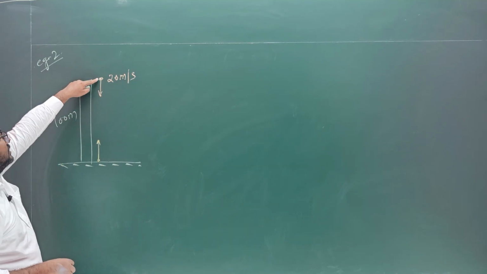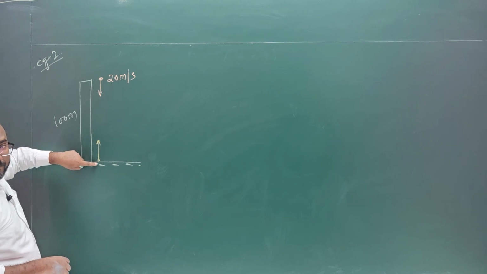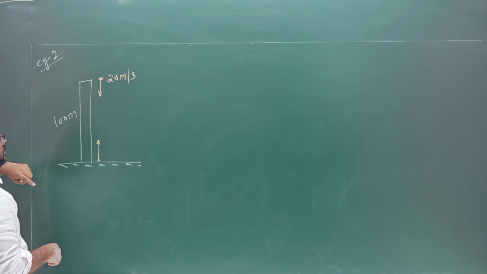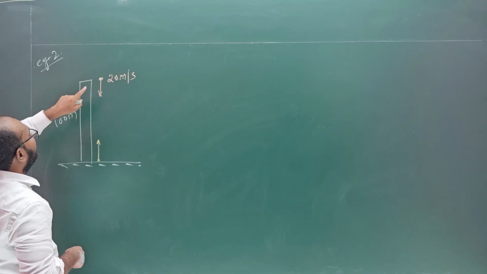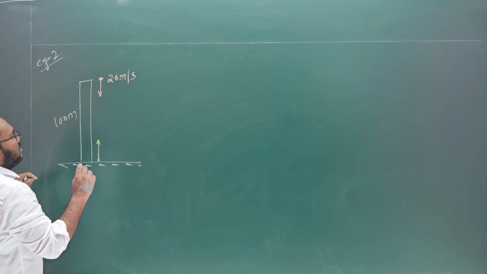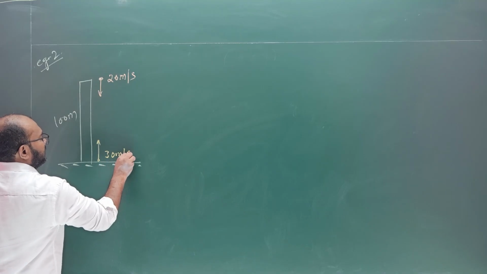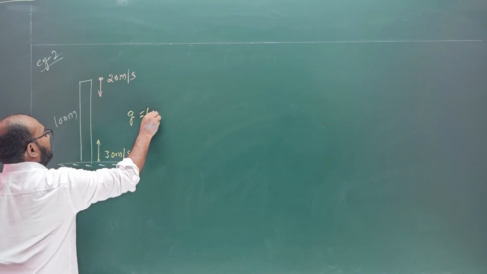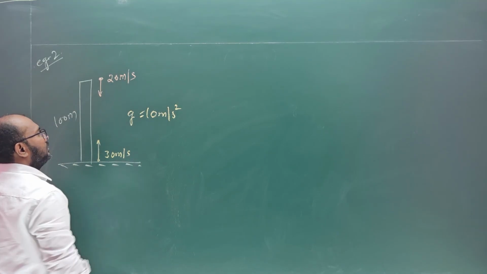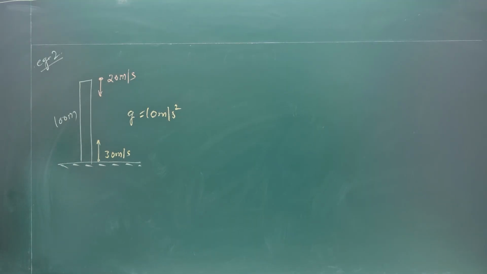Last question was this object is being dropped and this is being thrown. Now both objects are thrown in the opposite direction. We can throw upward also, and this velocity, let's take 30 meter per second. G take value 10. Okay, find out when and where.